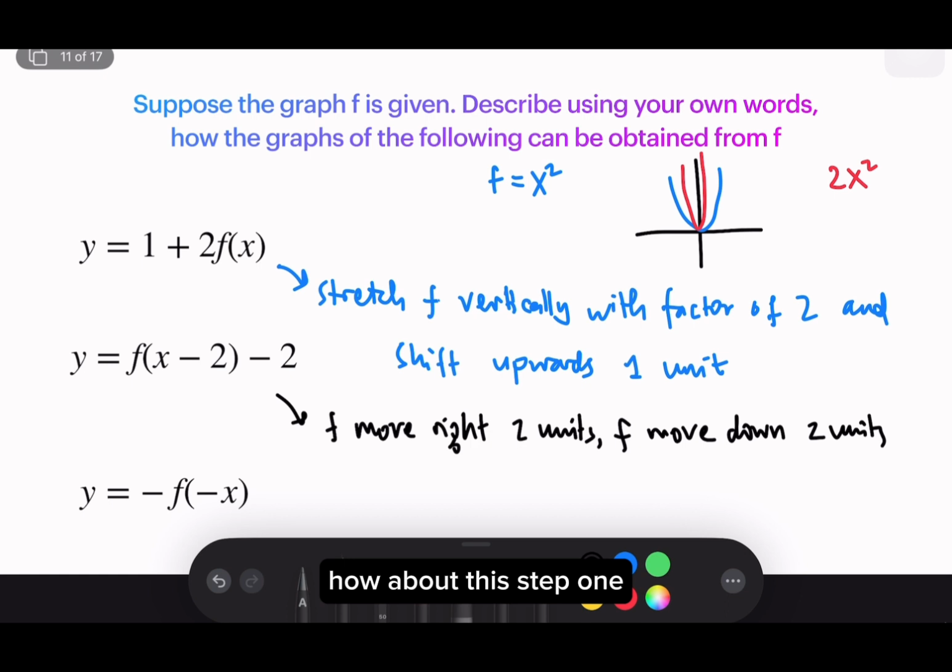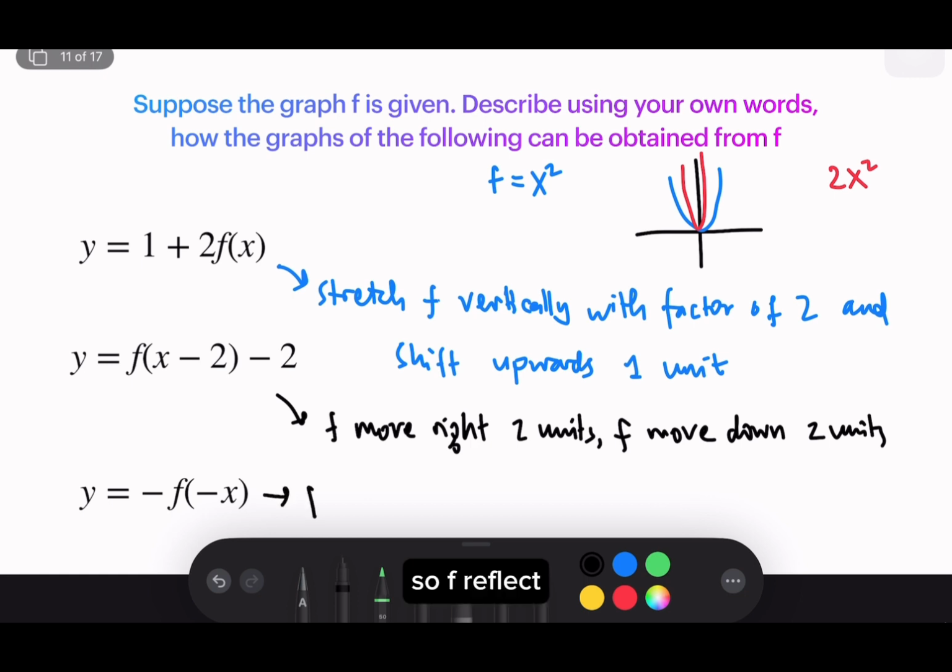And how about this third one? Yeah, reflection. We can start from anywhere. We can start by reflecting about the y-axis first and then the x-axis, or the x-axis first and then the y-axis. The same conclusion.